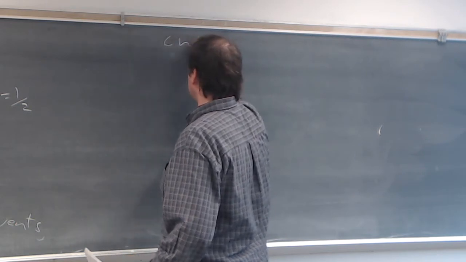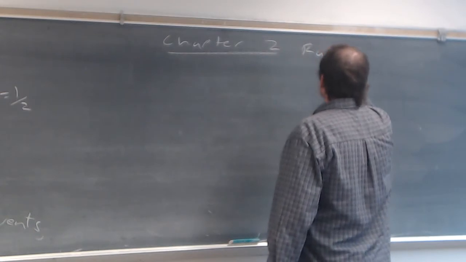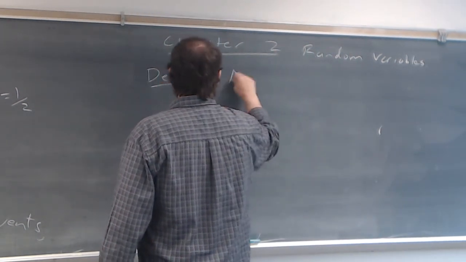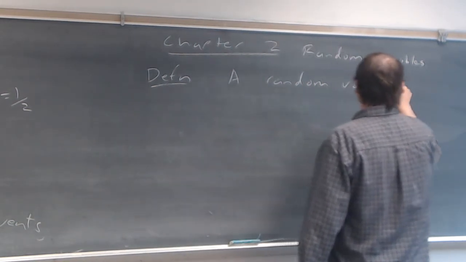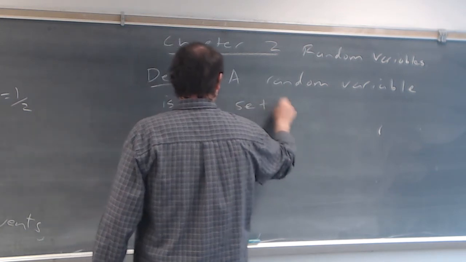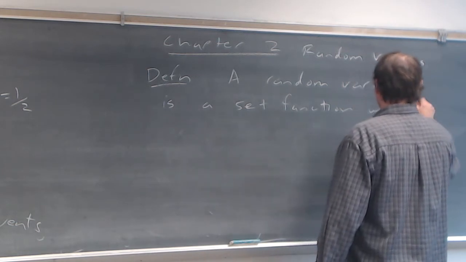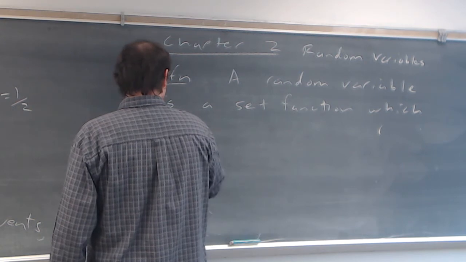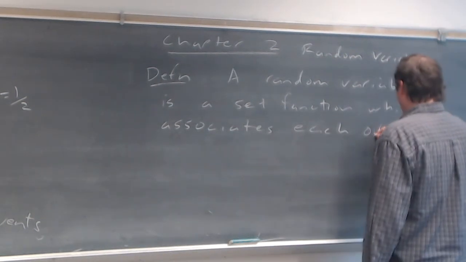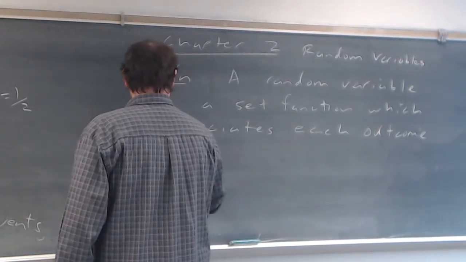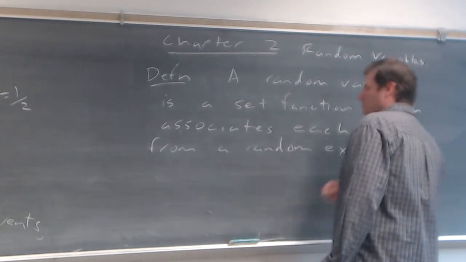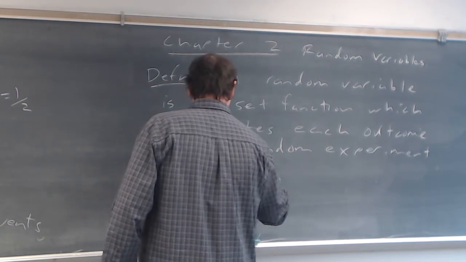So as a definition, this is chapter 2. As a definition, a random variable is a set function which associates each outcome from a random experiment with a real number.